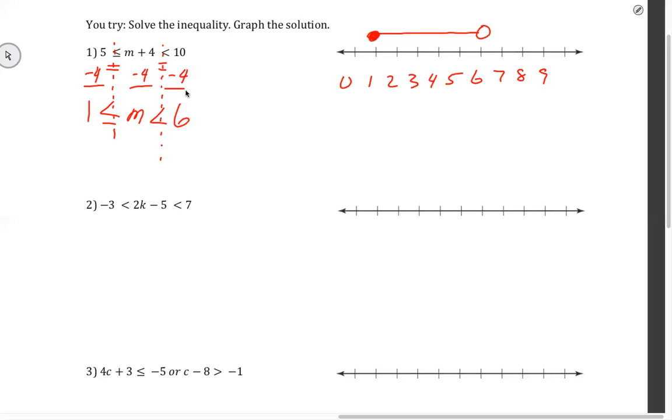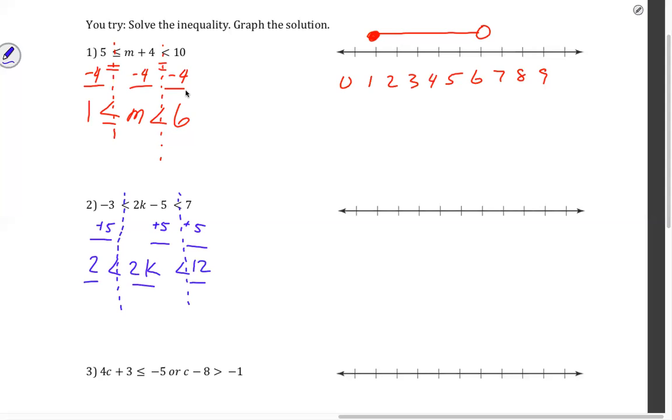All right. So for number 2, there's a little bit more to it. These are both going to be open. So now we go ahead and add 5. That's going to give me 2 is less than 2k, which is less than 12.